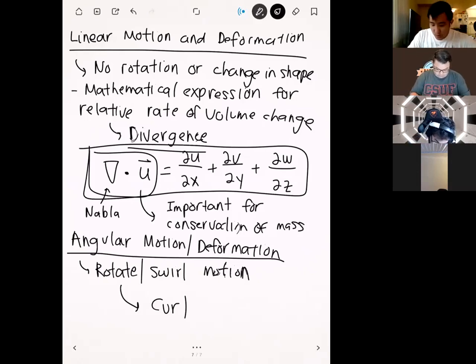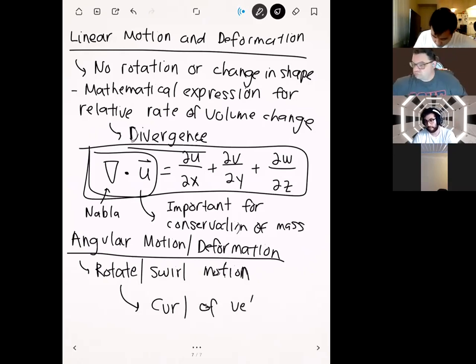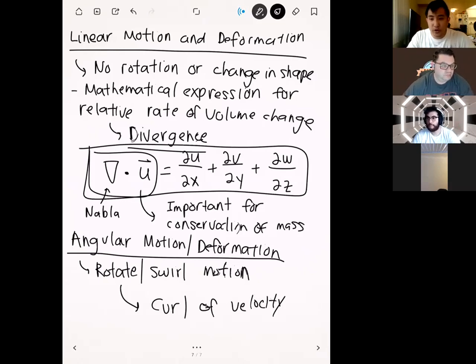Okay. And so the way that we're going to quantify swirling and rotating in a fluid is we're just going to take the curl of the velocity field. Right? So we're going to take our velocity vector and just take the curl of that, and that's how we quantify that. Okay. Any questions on this page before we write out the curl?